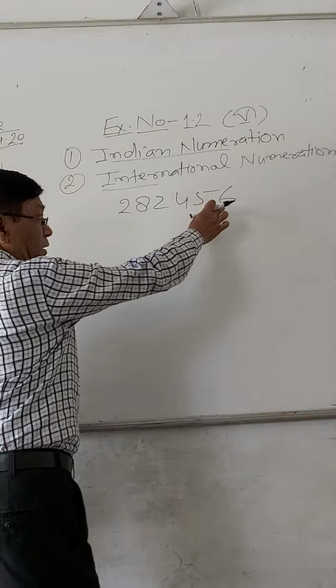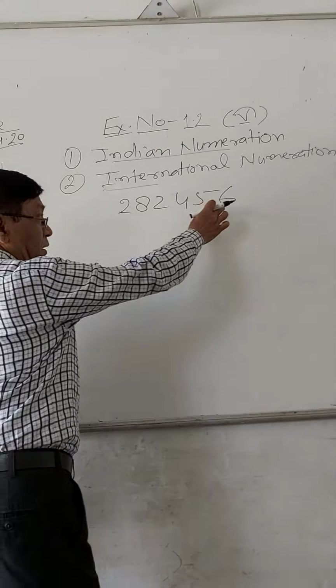So in this one, this place is known as ones, this is tens, this is hundred, and after that ones, tens, hundred, again thousand, 10,000, lakhs, 10 lakhs, crore, then accordingly 10 crore.